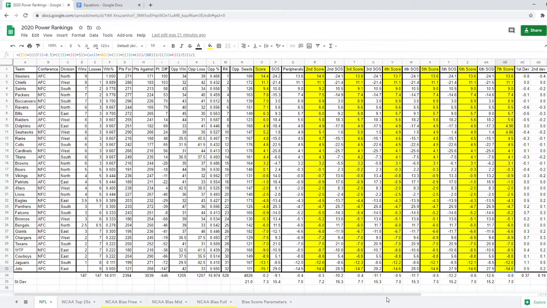But first, I'm going to talk about how these power rankings even started. A while back, I was in a simulation league on YouTube, and I was trying to think of a way to come up with power rankings in order to figure out how to rank the teams, because I wanted to see among the people who were part of the league which teams were really the best.